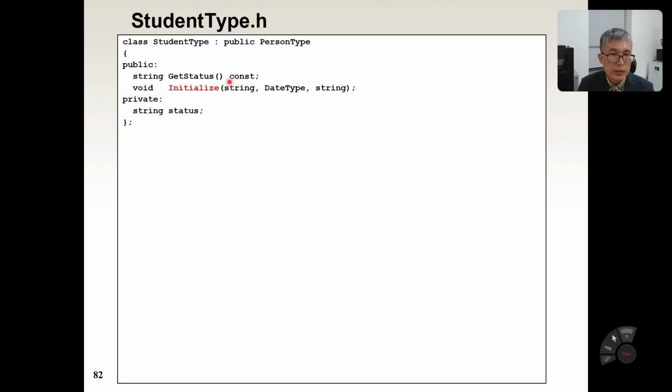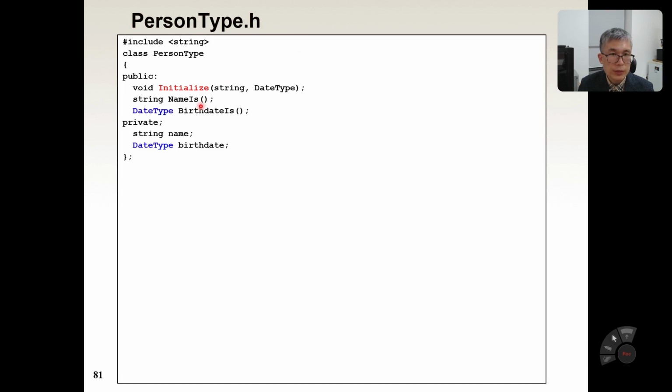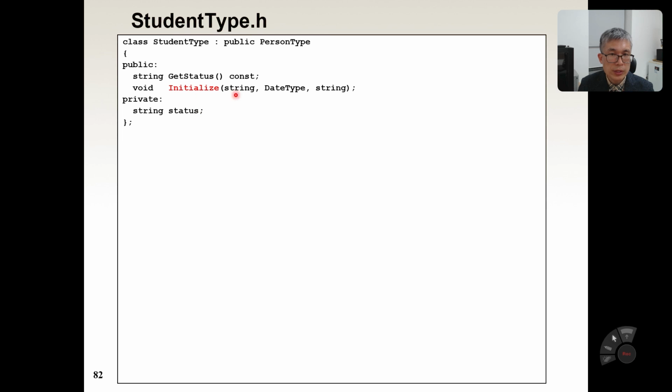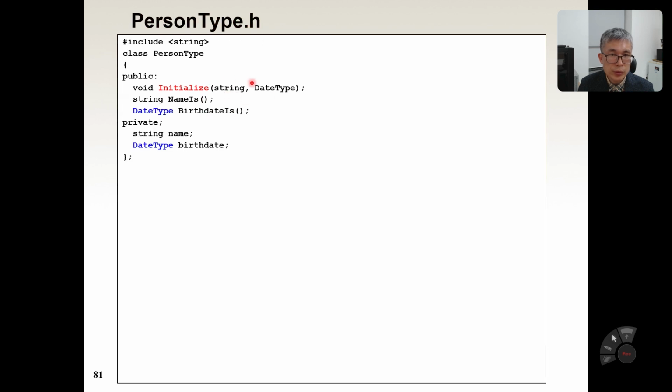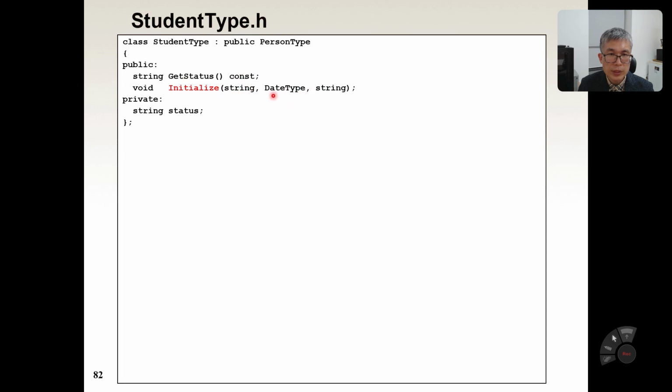So get status is a new function here, there is no get status in person. Initialize: but in the previous case, 2 parameter arguments, right? Parameters, string, date type, but here another string. And additionally we have the status, a member variable defined.